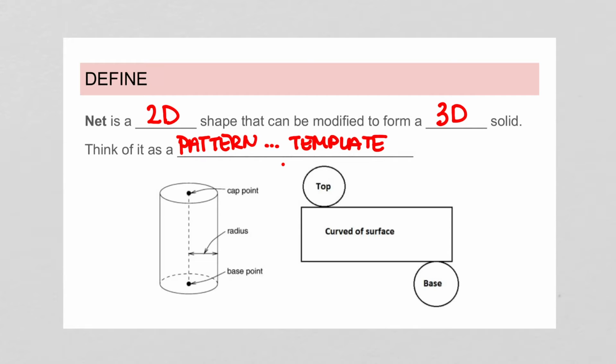But if we look at it this way, it says cap point, but that's just the center of the circle. Oops. So let's say we've got this top circle right here. Let's color that red. And then we've got this bottom circle, which we would also make red. But then wrapped around it is this yellow part.